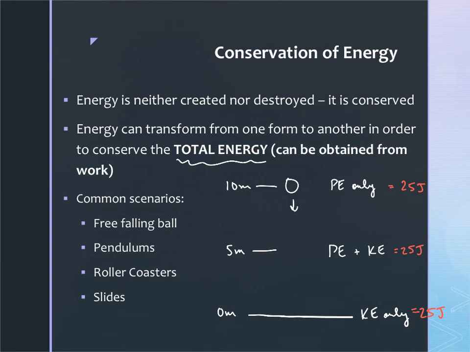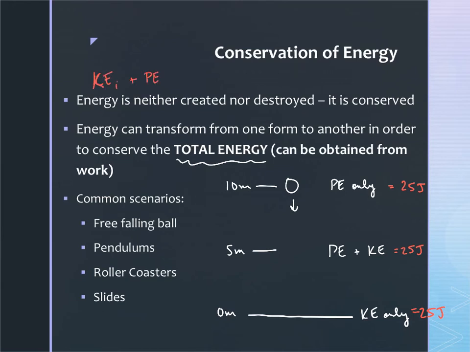So remember that when you're at the top, you have max potential energy. When you're at the bottom, you have max kinetic energy. And if you're somewhere in between, you have a mix of potential and kinetic energy. Okay? And if you would like to use this equation, KEi = KEf.